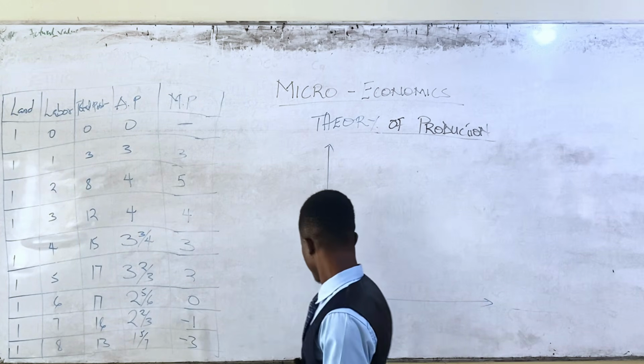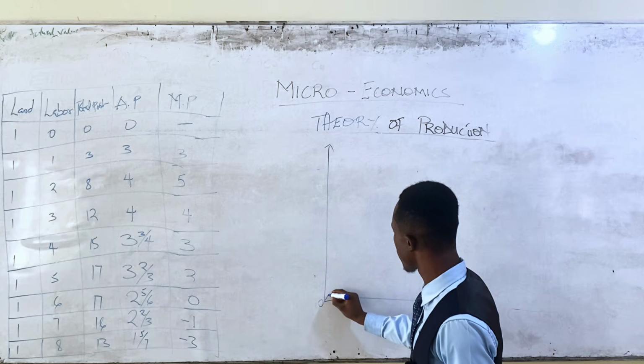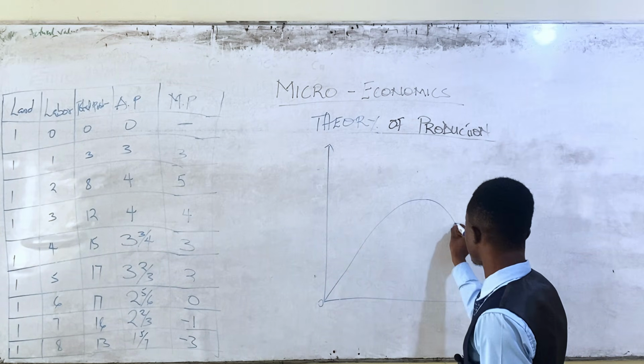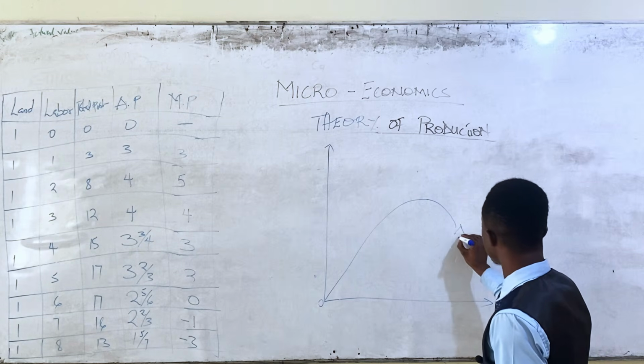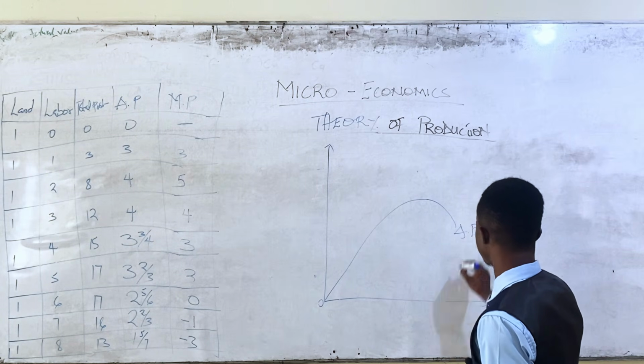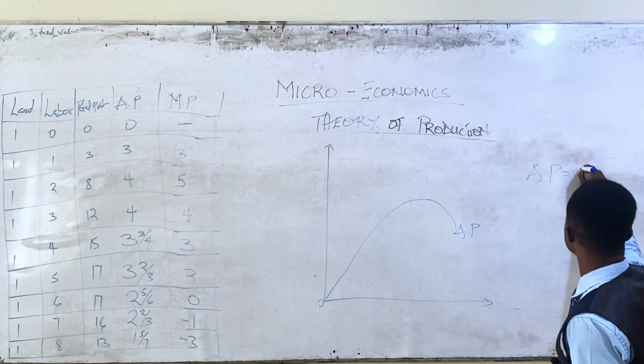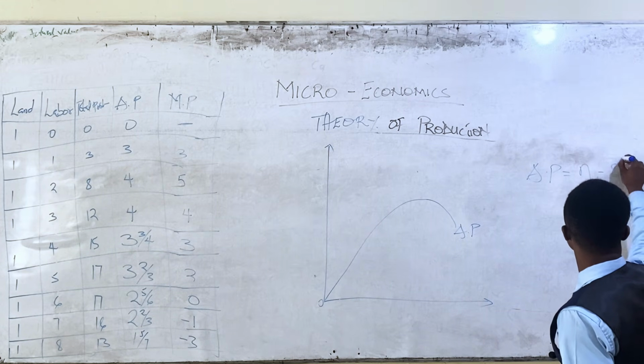So the average product will just rise, attain a maximum, then start falling again. So this is the average product. We normally say the average product curve is always an N shape.